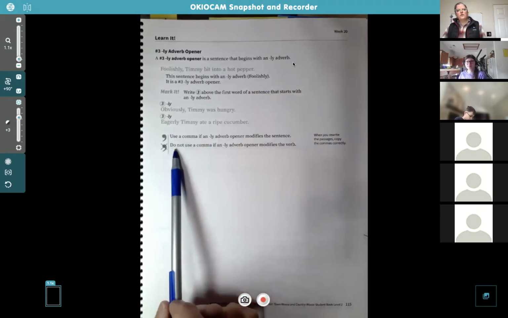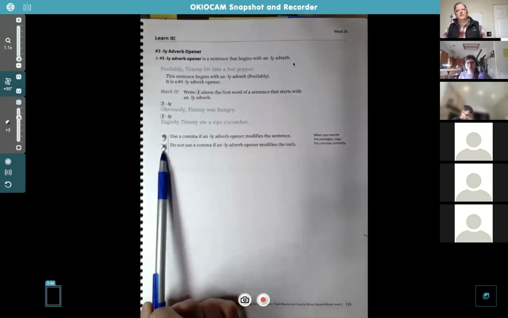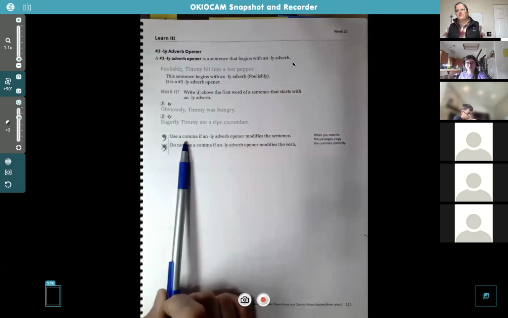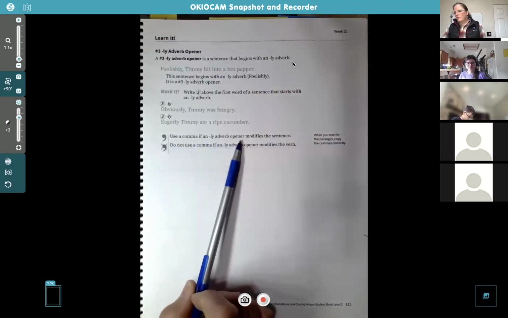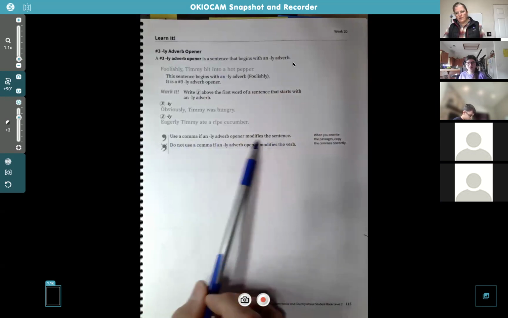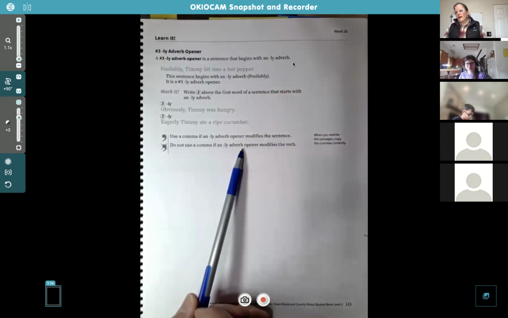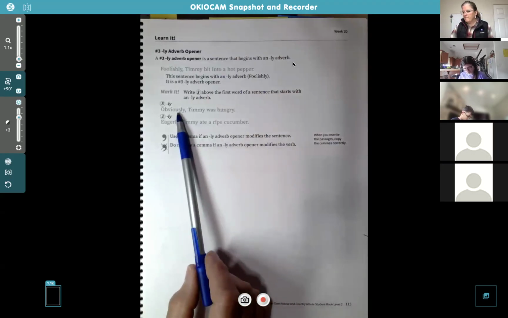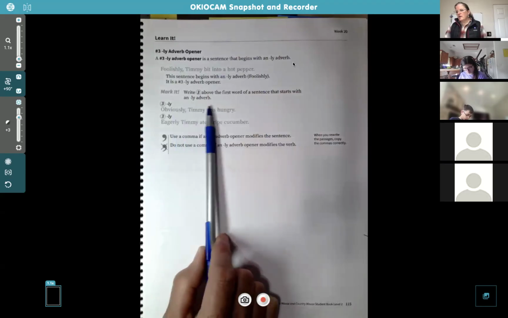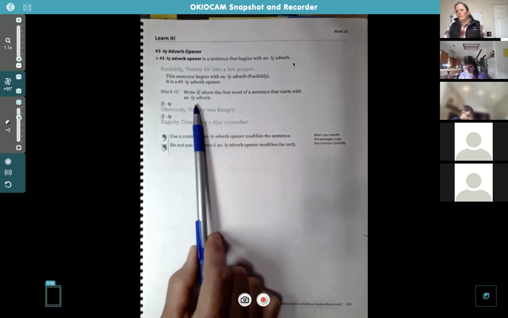And there's 2 comma rules. This is the part I want you guys to remember. We're on page 115 if you're just now logging in. Use a comma if the ly adverb opener modifies the whole sentence. Do not use a comma if the ly adverb opener modifies the verb. So basically, use a comma when it's talking about the whole part of the sentence.